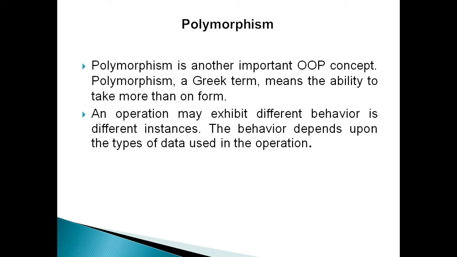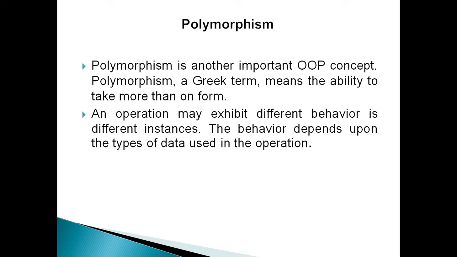They are the same person but possess different behavior in different situations, and this is called polymorphism. So in object-oriented programming, polymorphism means an operation may exhibit different behavior in different instances, and the behavior depends upon the types of data used in the operation.